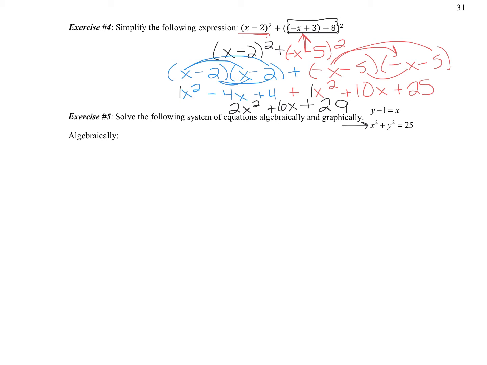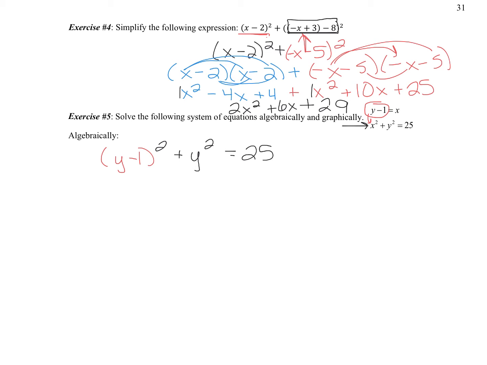Actually, in this equation, I already have it solved for x equals, so I can just take this information that x is y minus 1 and plug it into the other x. So I'm plugging in y minus 1 for x. So I get y minus 1 squared instead of x squared, and then the rest of the equation is like this.